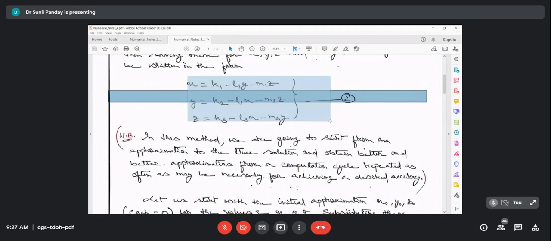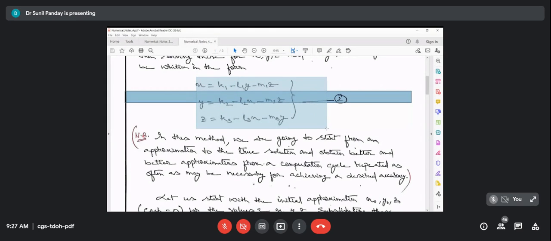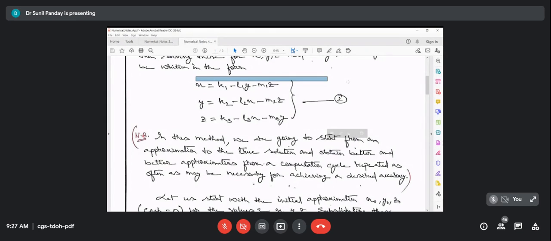If you remember, like the Newton method or the fixed point method, we have a polynomial like x square plus x plus 1 equals 0.